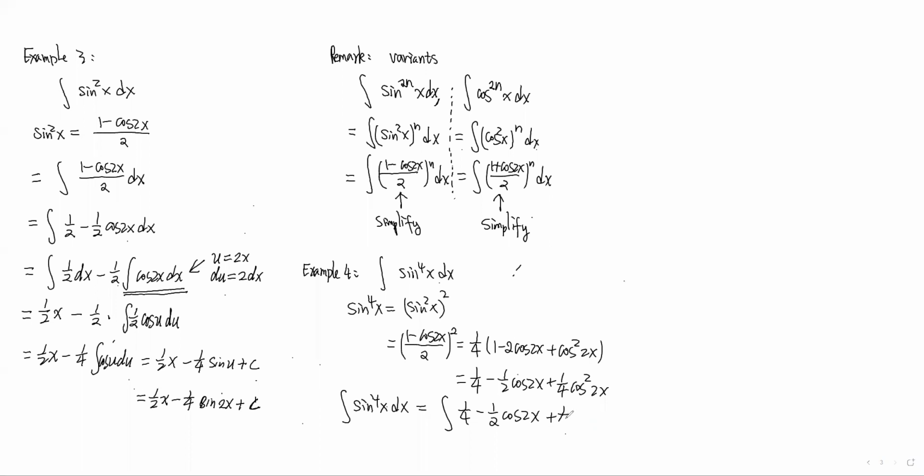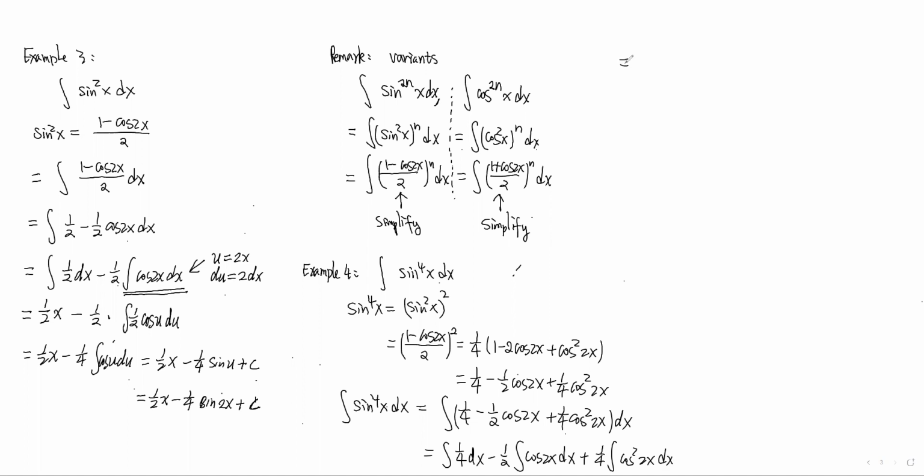So plus this cosine 2x and dx, right? So let's compute this. This is 1 over 4 dx minus 1 over 2 or half cosine 2x dx plus 1 over 4 cosine squared 2x dx, right?